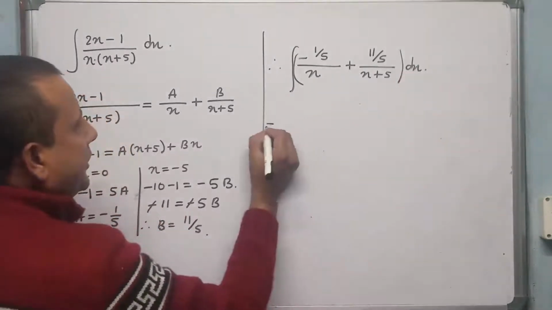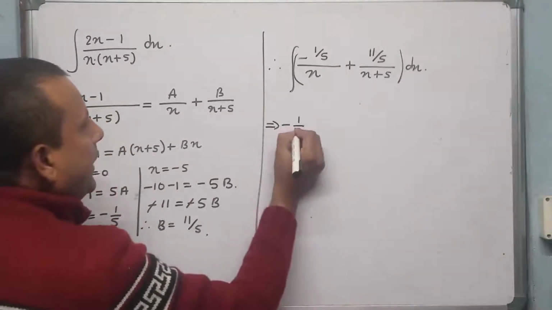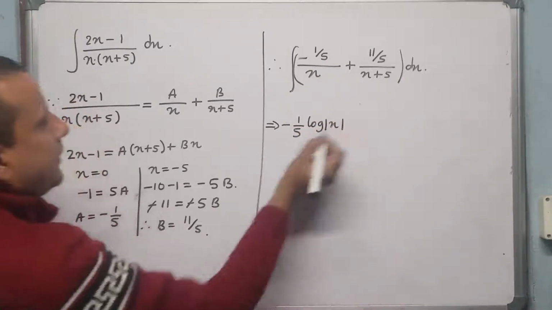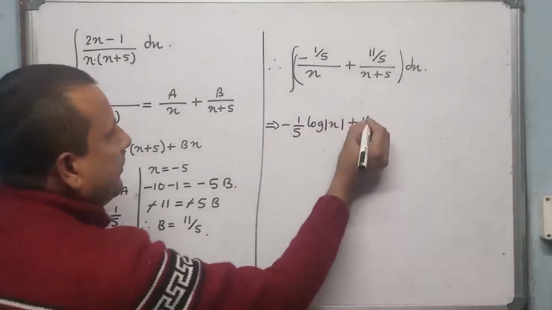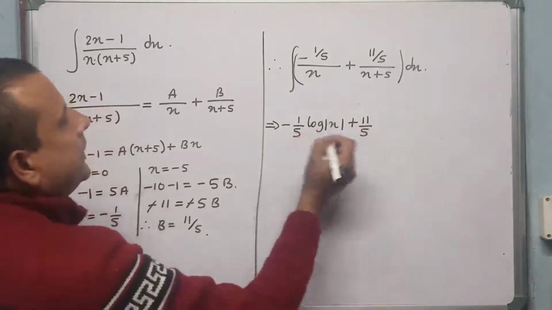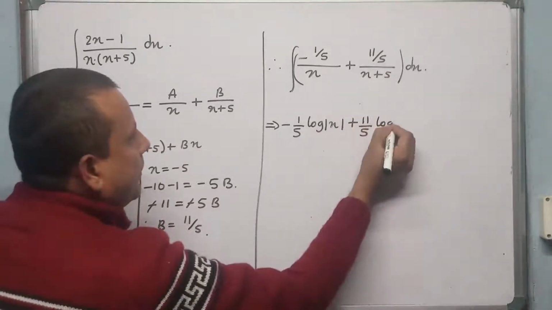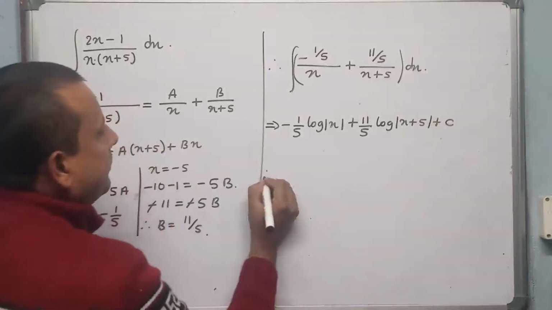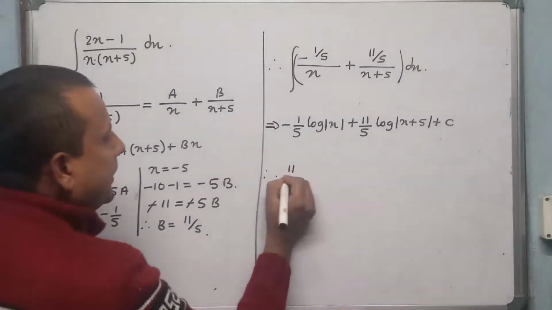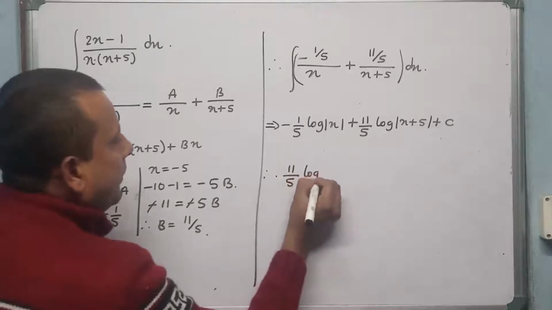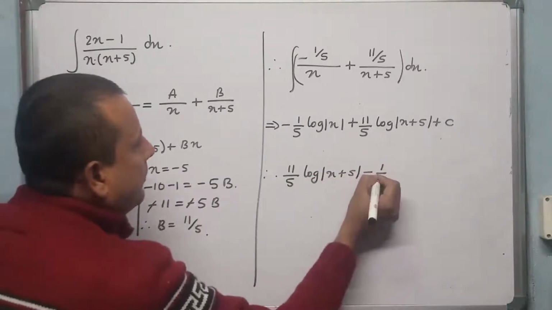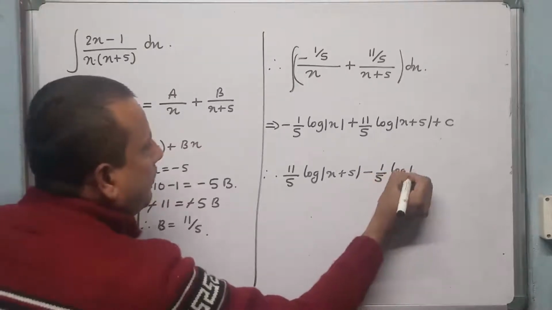Now that integration, minus 1 over 5 dx over x is log of mod x, plus 11 over 5 dx over x plus 5 is log of mod x plus 5 plus c. Therefore, the final answer, first I'll write the positive quantity, 11 over 5 log x plus 5 minus 1 by 5 log of mod x.